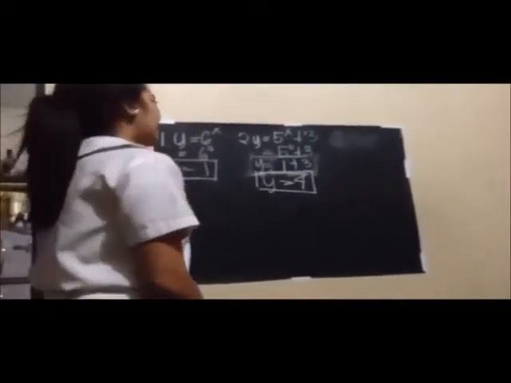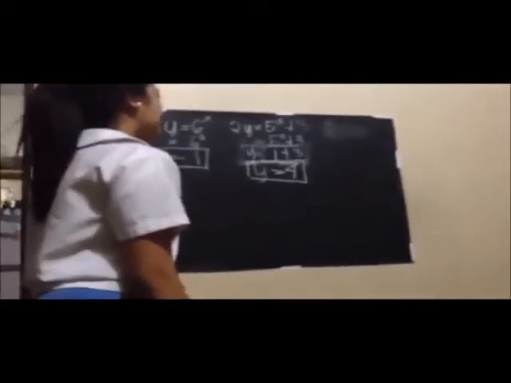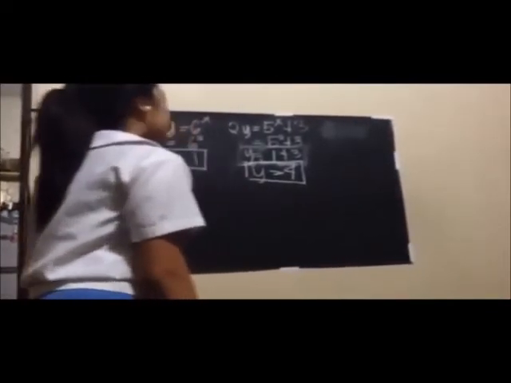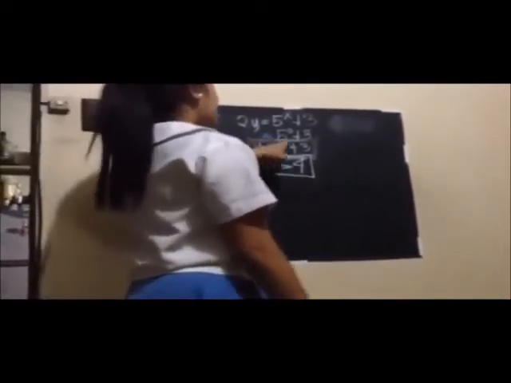The second example is y is equal to 5 raised to x plus 3. 5 raised to 0 is equal to 1. 1 plus 3 is equal to 4.